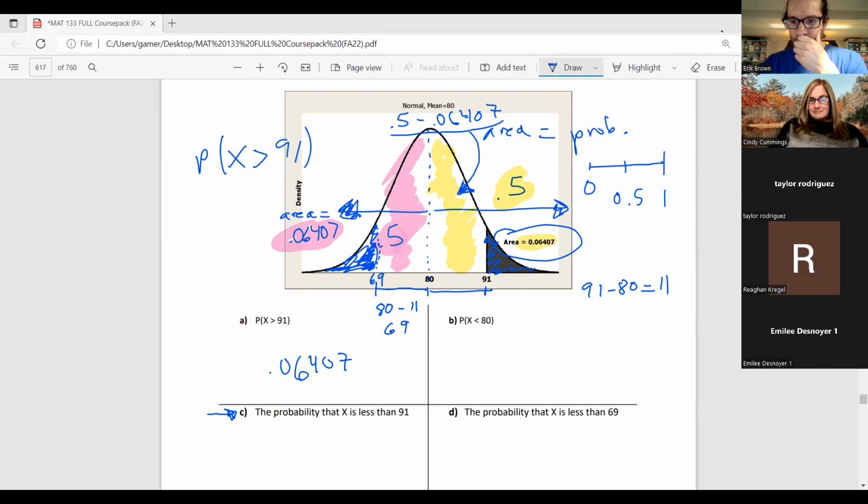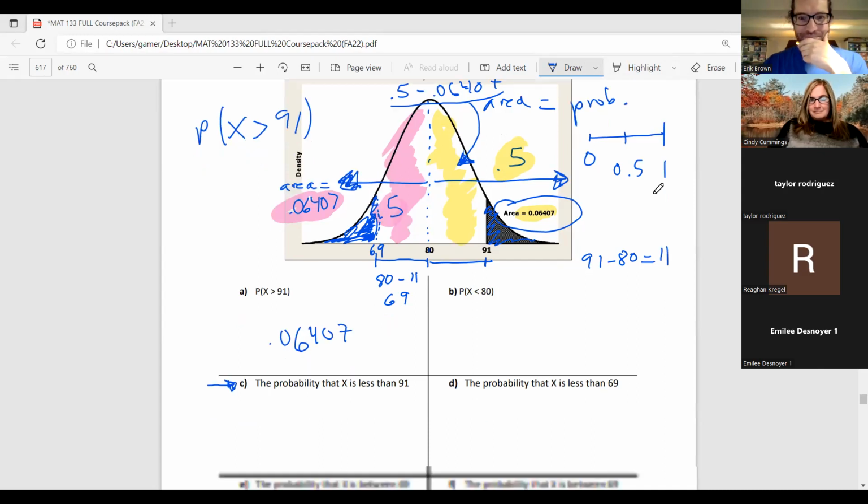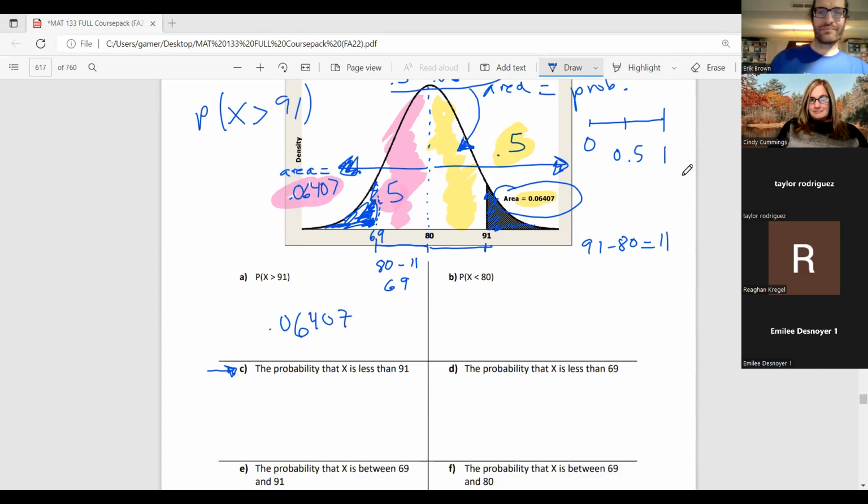Are we doing B? Yeah, what'd you do for B? Okay, I got 0.5 because it's greater than 80, the upper half. Nailed it. So it's this entire half. Good. How about the rest of you?